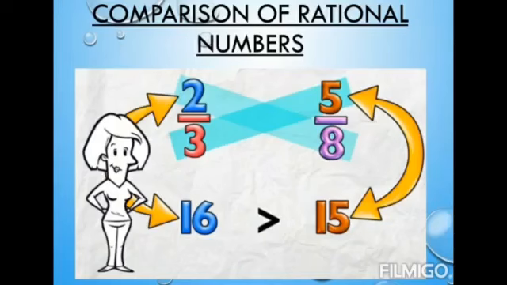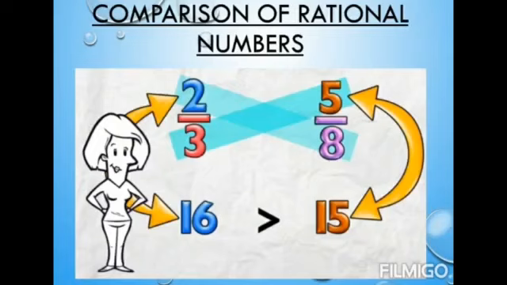Next topic is comparison of rational numbers. We can compare two rational numbers by the cross multiplication method. First rational number's numerator, we have to multiply with the second rational number's denominator. Then first rational number's denominator, we multiply with the second number's numerator. For example, 2 by 3 and 5 by 8.